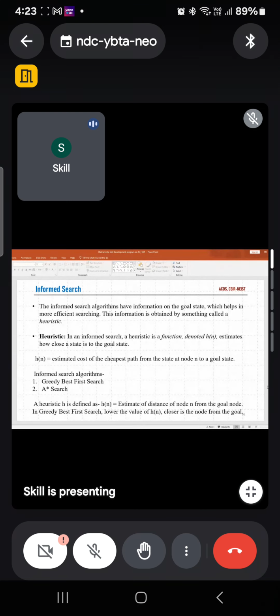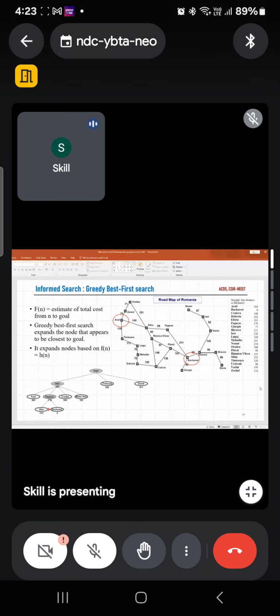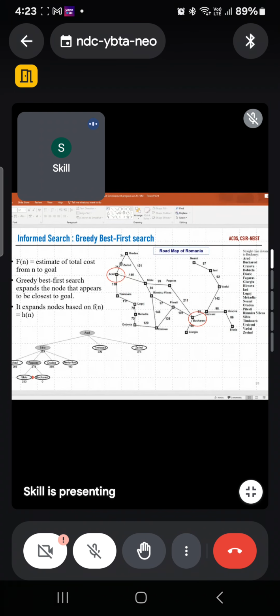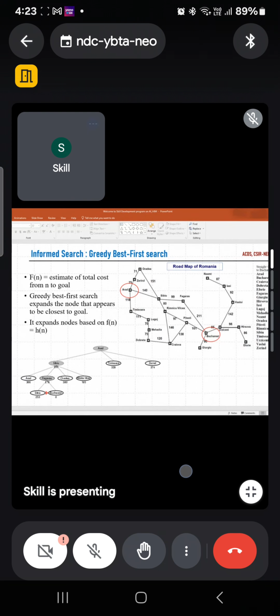So this is an example of how the greedy best first search algorithm can be used. We can see here a roadmap of Romania. There are different places which are connected as a graph. You can see the distance to Bucharest written here, 366, and Bucharest is zero only because it has to be visited.